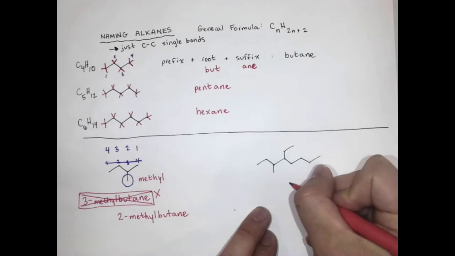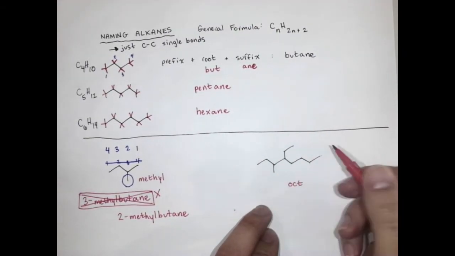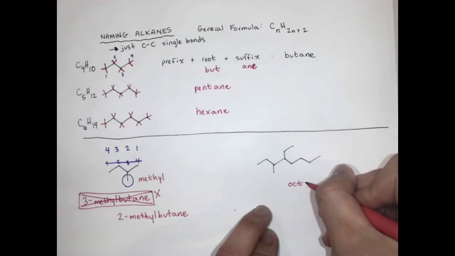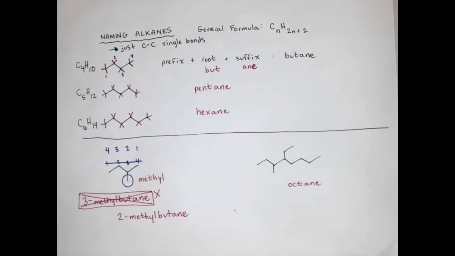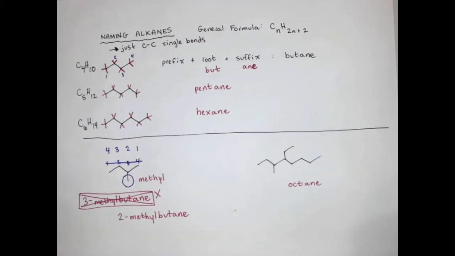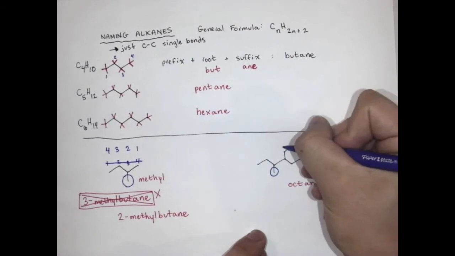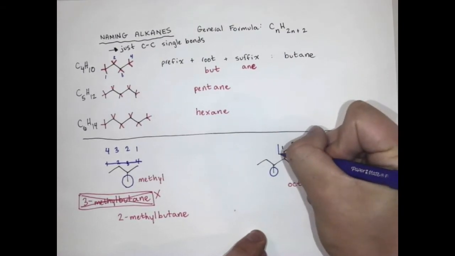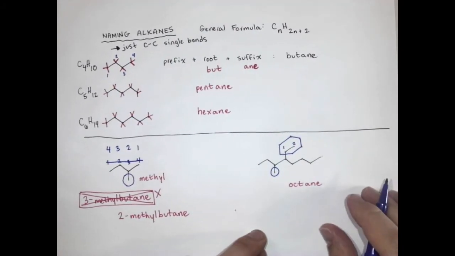That gives me a root of oct. The suffix is ane because I only have carbon-carbon single bonds. So the root and suffix is octane. And now you notice that I've got branches. I've got a 1 carbon branch right here, and I've got a 2 carbon branch right there.